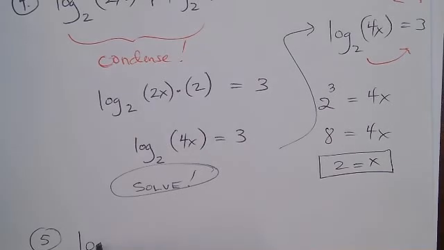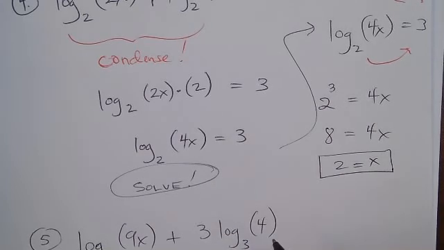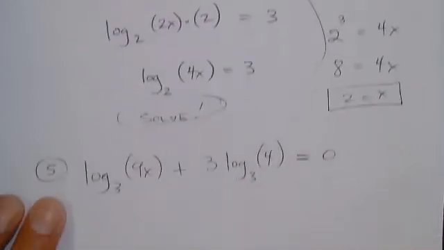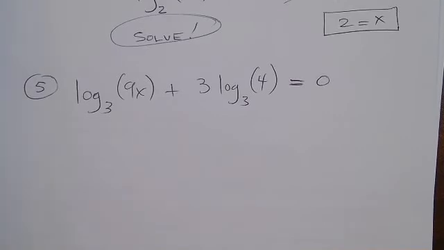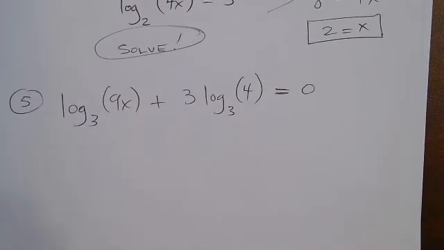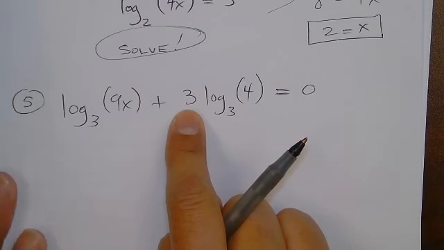Okay, let's try another one. Number 5. What about log 3 of 9x plus 3 log 3 of 4 equals 0. Okay, what's going to happen first?